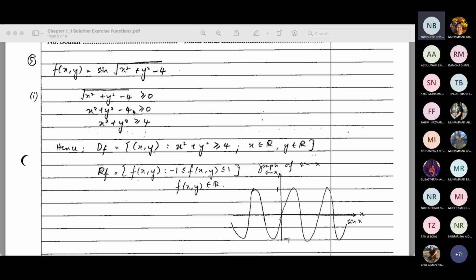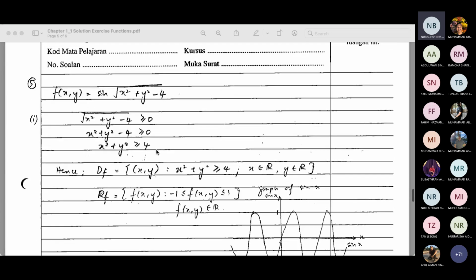Dan. So dapat kenapa dia punya nilai macam tu? Sebabnya sine function tu dia punya square root tu mestilah nombor yang positif. That's why saya selesaikan set of x squared plus y squared minus 4 must be greater or equal to 0. Okay. So x squared plus y squared must be greater or equal to 4.